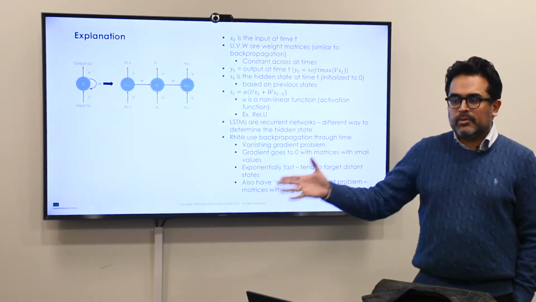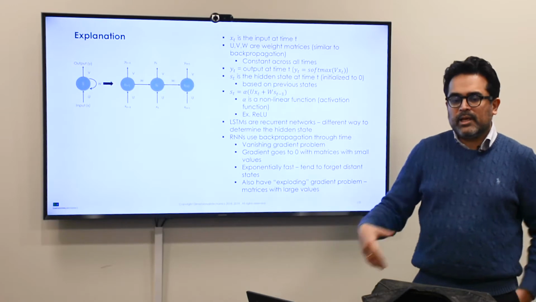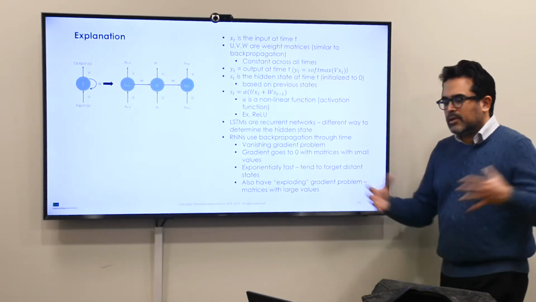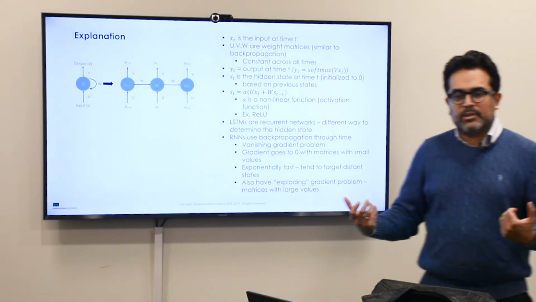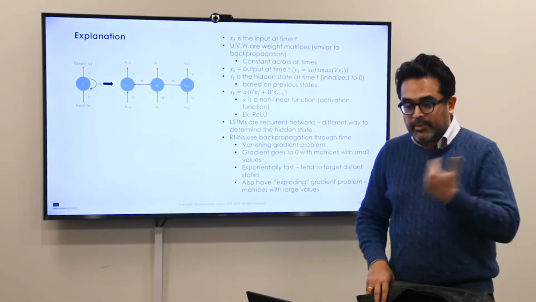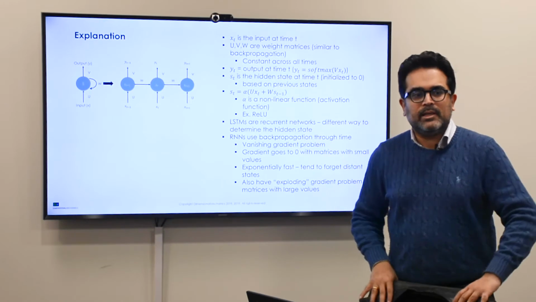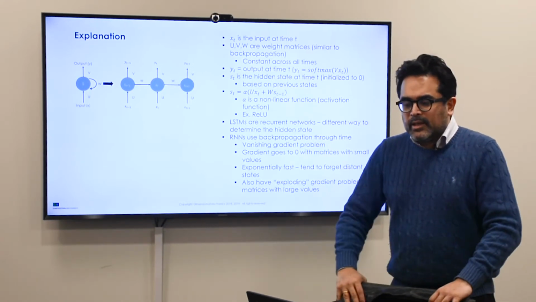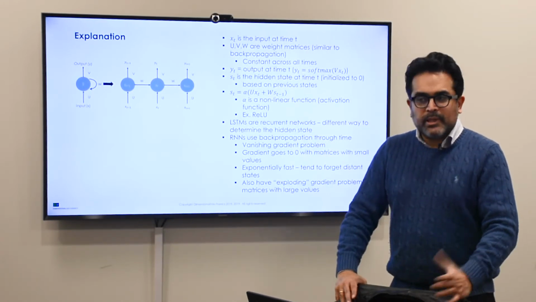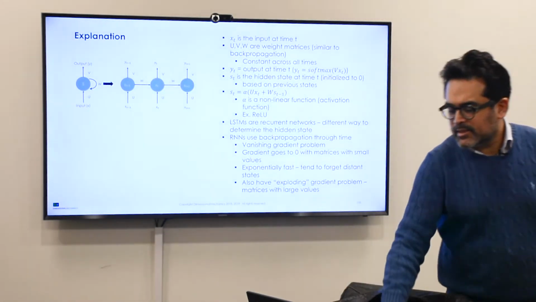They don't really remember distant states. So if you have a very long sequence that you want the neural network to learn, the vanilla RNN is not the right way to go. In which case you need to use LSTMs, which is our next topic.